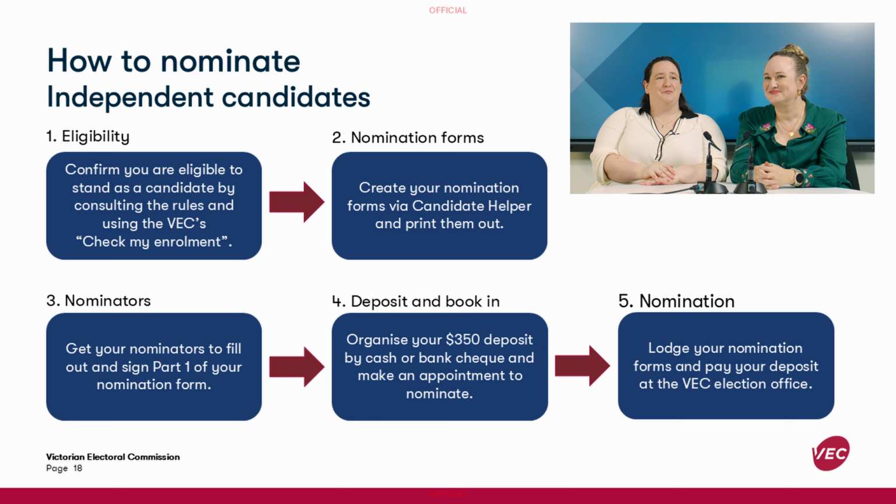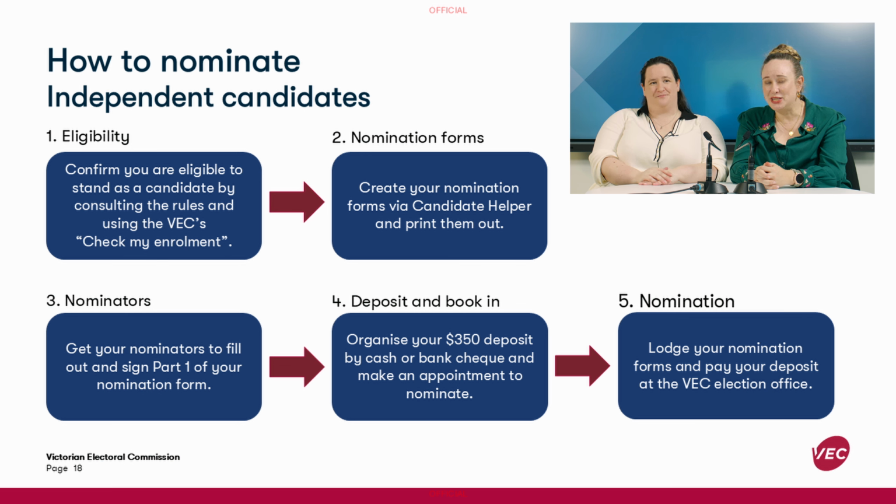You will need to make an appointment to lodge your nomination with the election manager of the district election you are nominating for. If you are nominating for a region election, you can make an appointment with any of the election managers for a district election within that region. It is a good idea to make an appointment early in the nomination period to discuss any questions you have and ensure there is time to resolve any issues with your nomination forms.